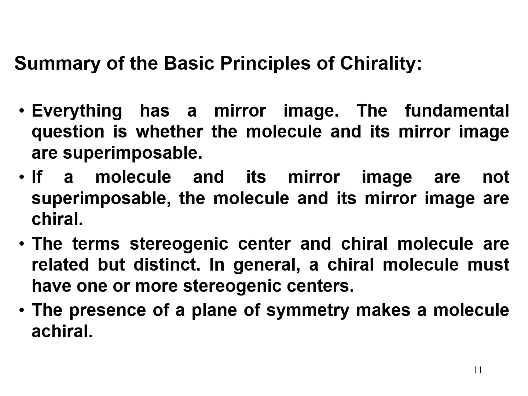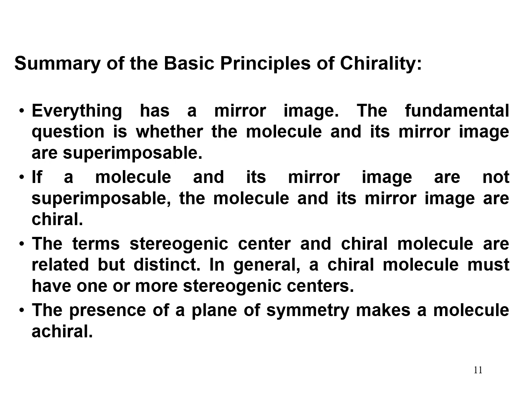So everything has a mirror image. The fundamental question is whether the molecule and its mirror image are superimposable. If the molecule and its mirror image are not superimposable, the molecule is said to be chiral, and the terms stereogenic center and chiral molecule are related but distinct. In general, a chiral molecule must have one or more stereogenic centers.